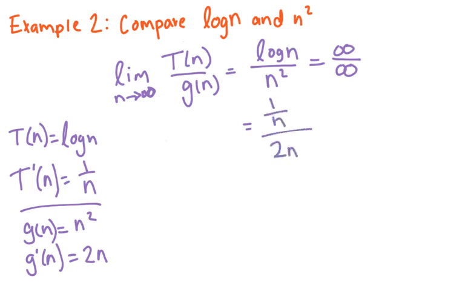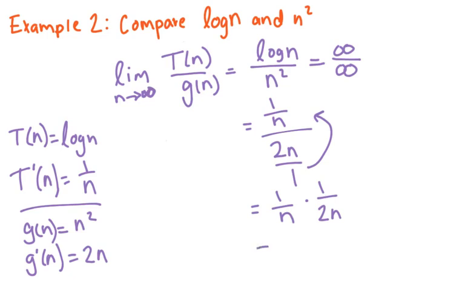right, which is really over 1. So then you have 1 over n, if you bring this up to the top, times 1 over 2n, right?